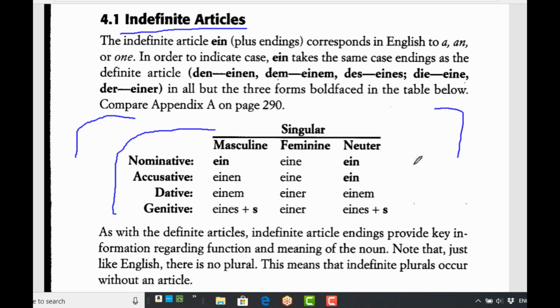So if you've learned that paradigm of the definite article declension, then you can apply it to this, and it's perfectly identical to that.